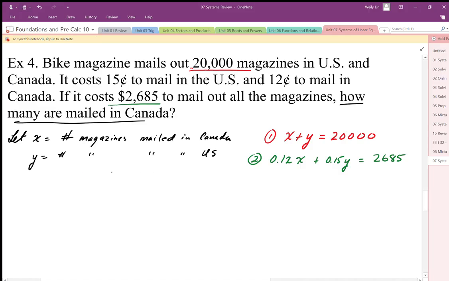Once we've established that, we can solve this. I'm going to do substitution in this case. We're going to solve for y. y is 20,000 minus x, and then I'm going to substitute that y value into equation 2. Remember, once we isolate one variable in one equation, we have to substitute into the other equation.